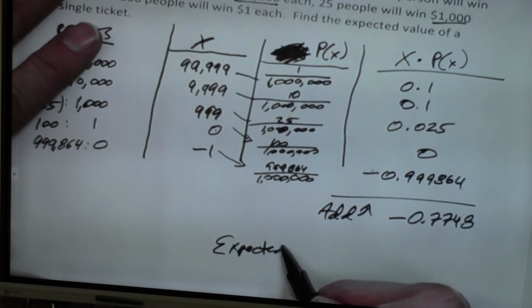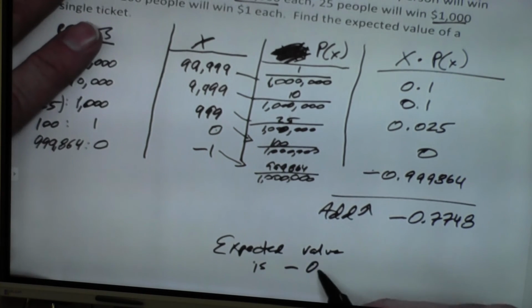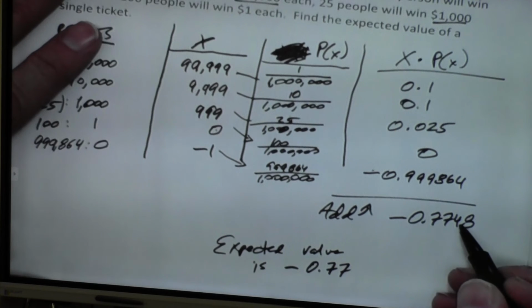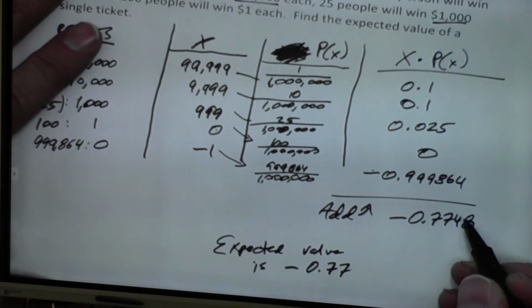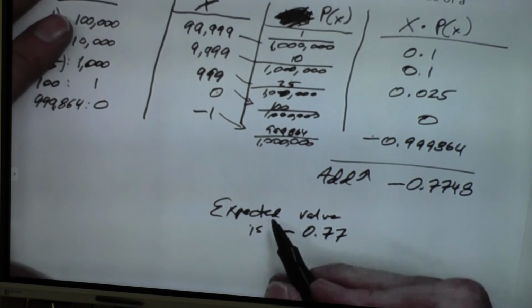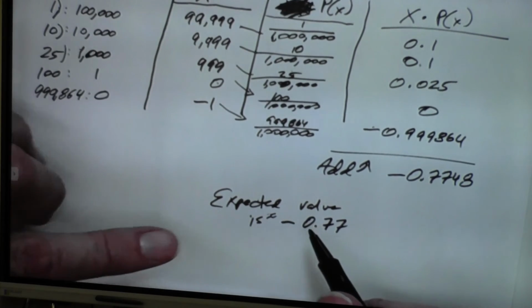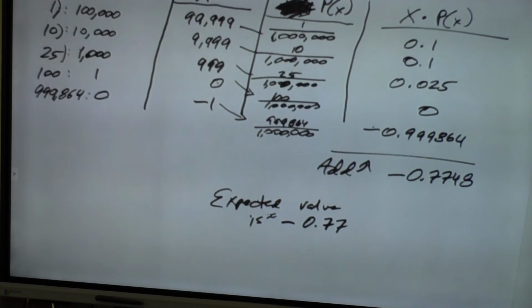So I'm going to say that, and I'll write it this way. The expected value is -0.77, because that 4 will round that down. I could make that a 5, but it's still the 48 isn't enough to make that an 8. So that's approximately that. Well, what that negative means is it's a loss of 77 cents, because all these decimals mean amount of money.